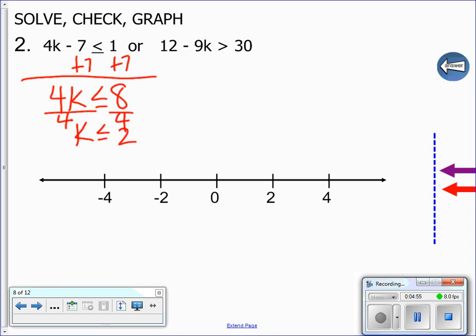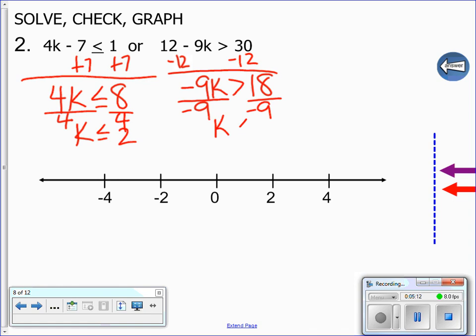Over here, I subtract 12 from both sides. I get negative 9k is greater than 18. Divide by negative 9. Did you hear me say divide by negative? Okay, that means that I'm going to flip the sign. K is less than negative 2.